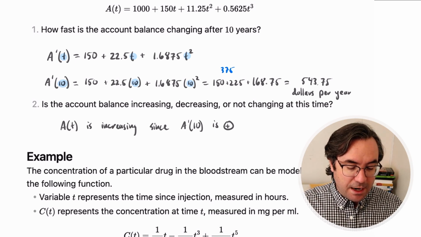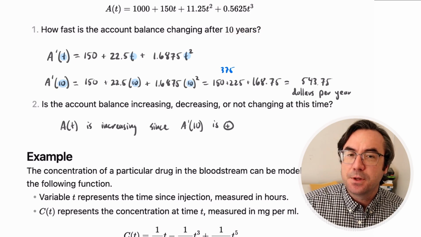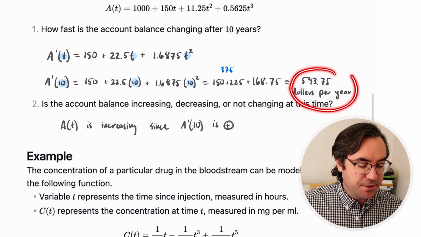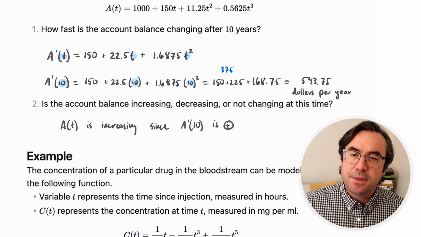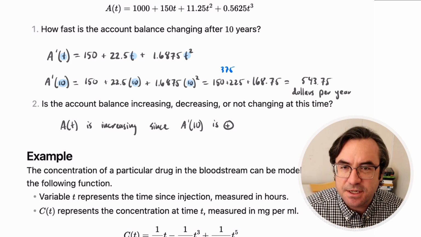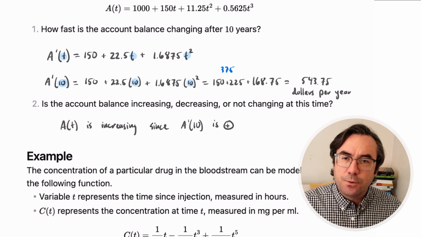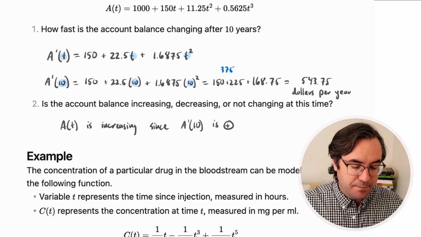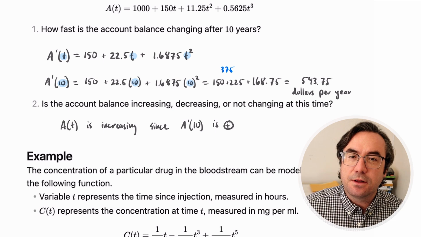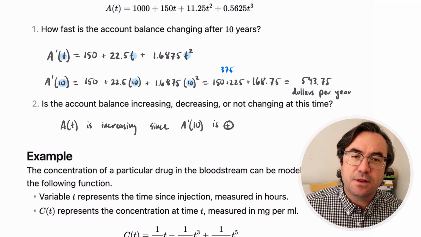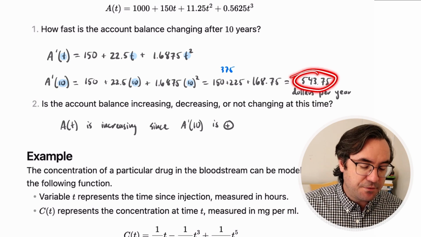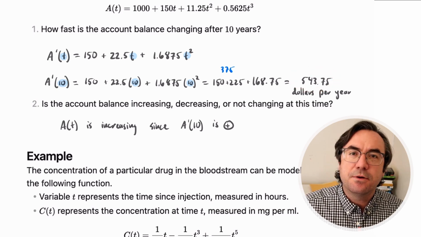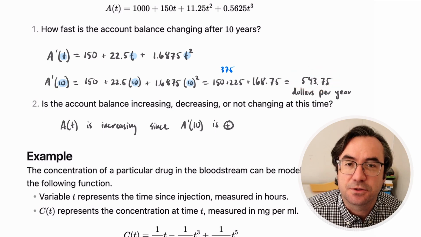Right now we're looking at the 10-year mark. A way to interpret what this derivative value is telling us is if we were to let our account sit for one additional year, we would expect by the end of year 11 that we would have about 543 extra dollars in our account.